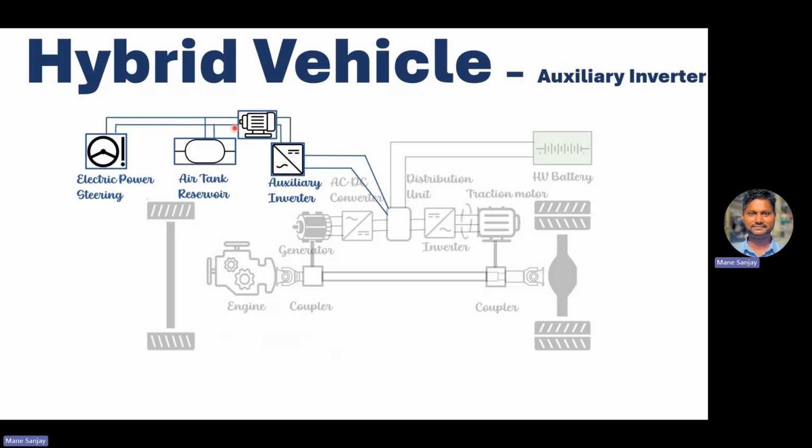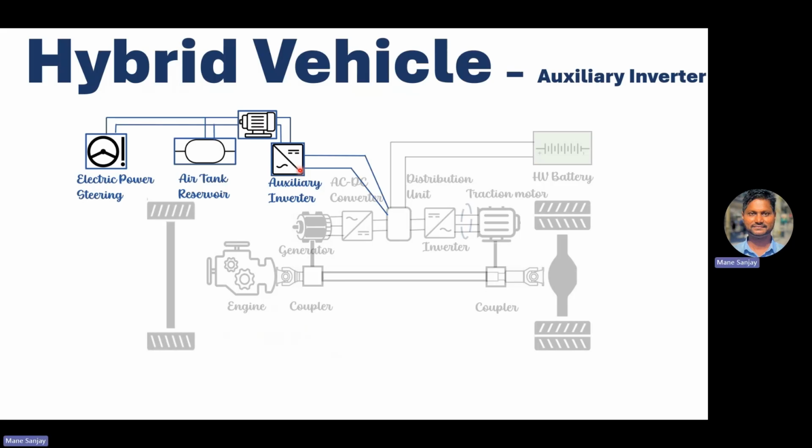It is connected to the electric oil pump, or an electric pump, or the air compressor. So this inverter is used to power a reservoir and the power steering pump.